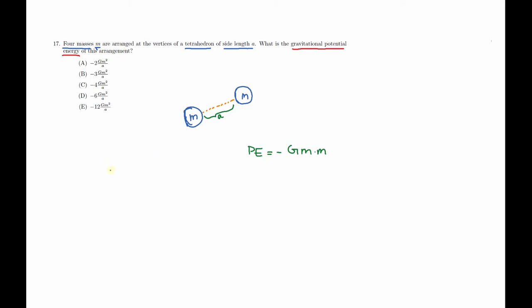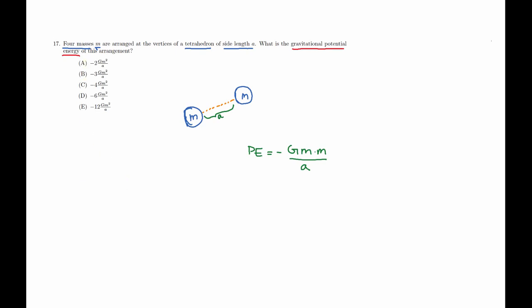Had it been a different mass, let's say a small m with a bigger mass M, then we would have something like this. This would be the potential energy of two different masses. However, we have the same mass, so eventually this will become M squared. So A stands for the length between them.